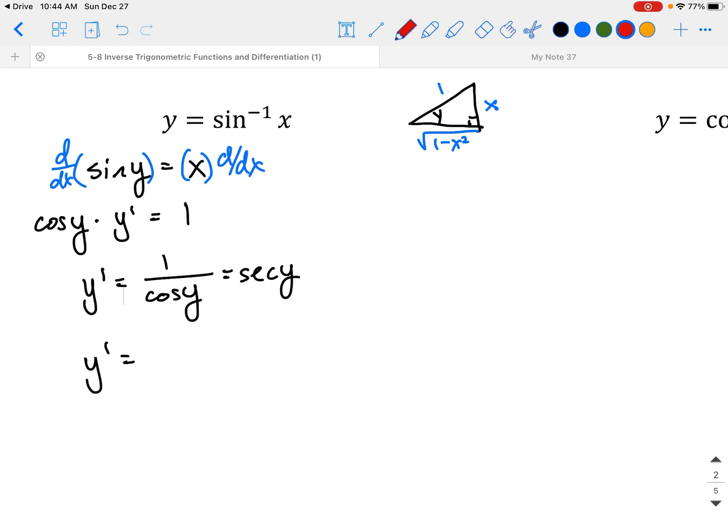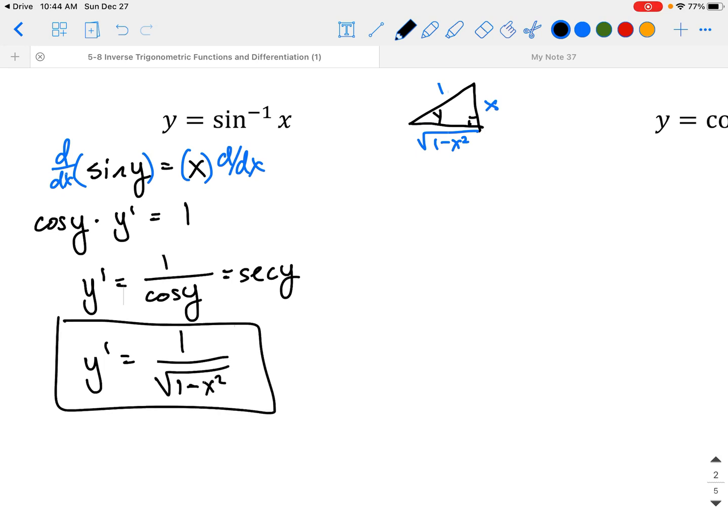But I can get secant by taking the hypotenuse over the adjacent. So what we end up with then is the derivative is going to equal 1 over root 1 minus x squared from our triangle relationship. All right, so that's the derivative of arcsine. So the derivative of arcsine is just 1 over root 1 minus x squared.